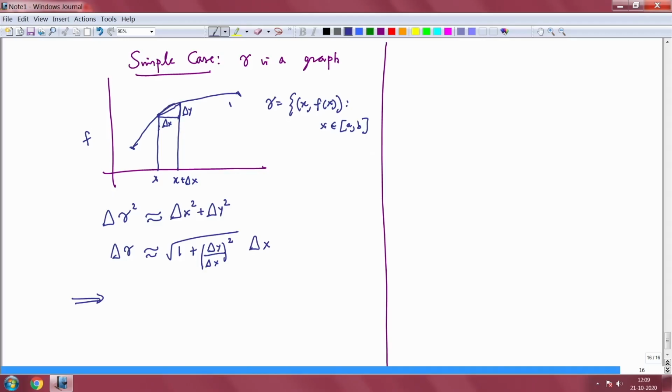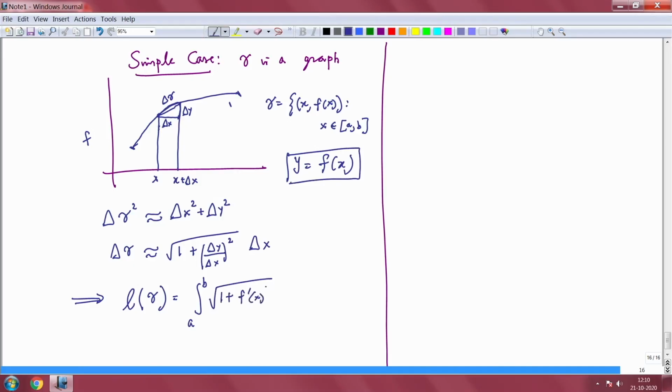So, this is a small element delta gamma, and hence the length of the curve gamma will become the integral from a to b of the square root of 1 plus f prime of x squared, if you put y equal to f of x. This formula is familiar to you already. So, this dx corresponds to the Lebesgue measure.